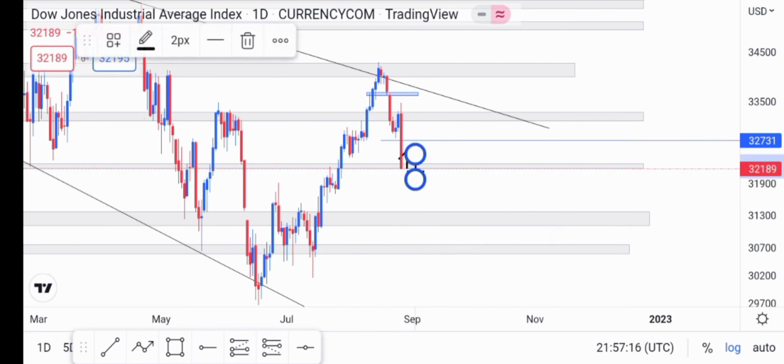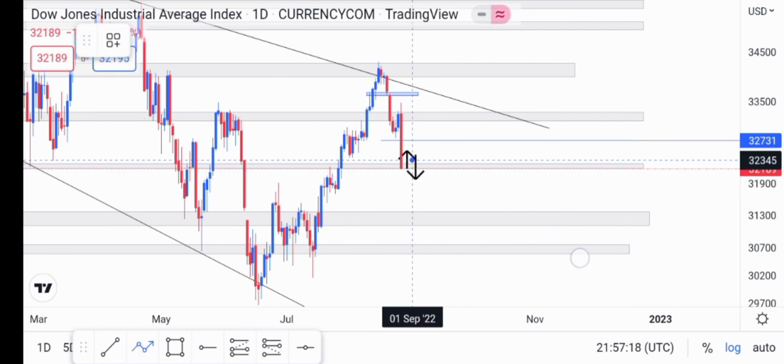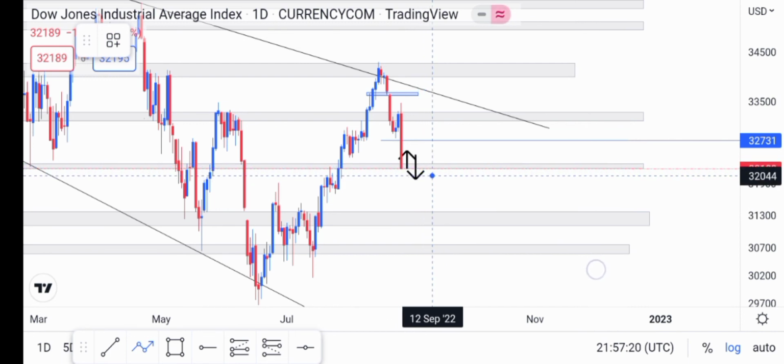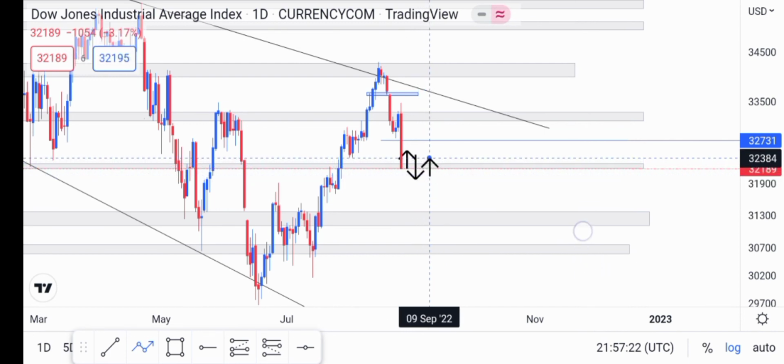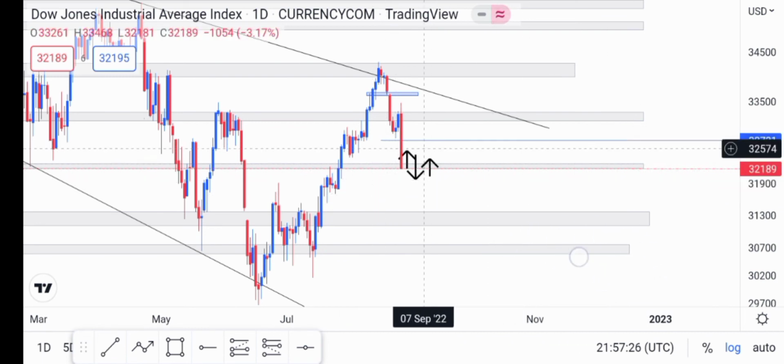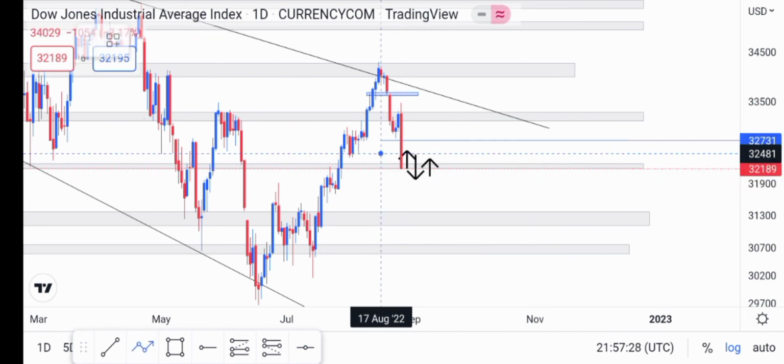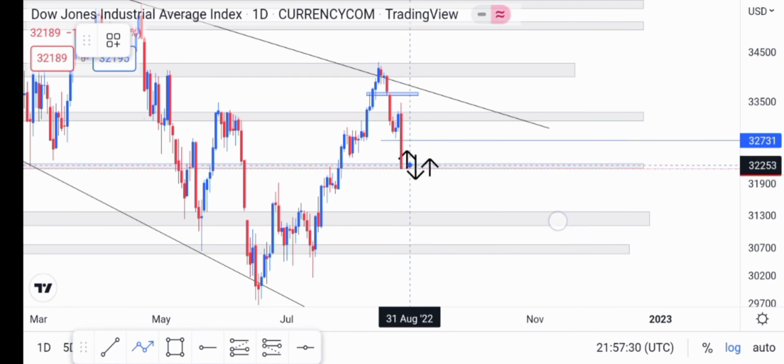So we're going to have a little bit of consolidation around this area here. This is what I'm anticipating. But if not, I'm seeing a pull movement to the downside with this pair. We could have a strong movement again from this area here, hitting this area right over here.